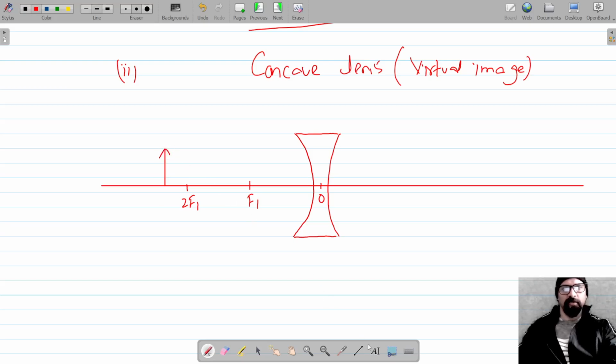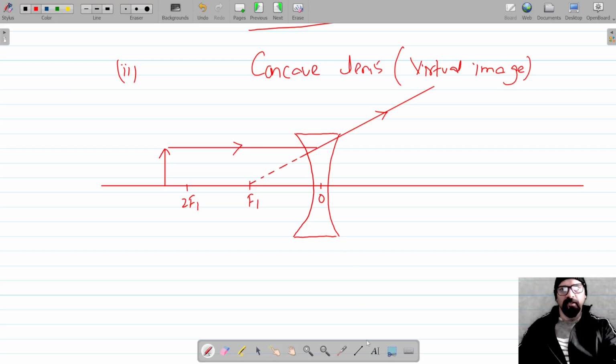The ray that's going parallel to the principal axis is diverged and seems to be coming from the focus. So it seems to be coming from here, so we have to draw this as a dotted line. Okay, so this is how the ray is diverged.